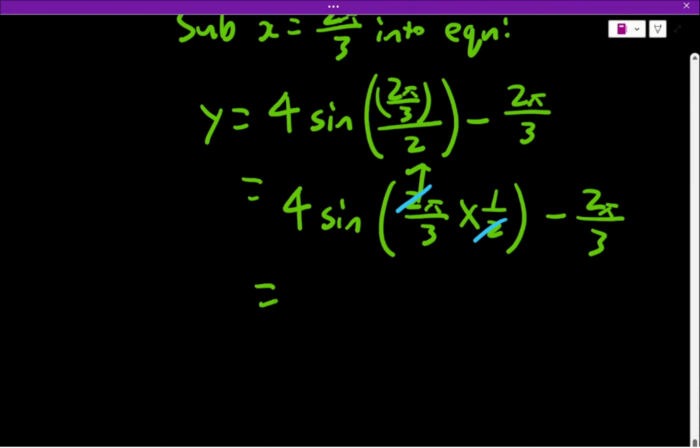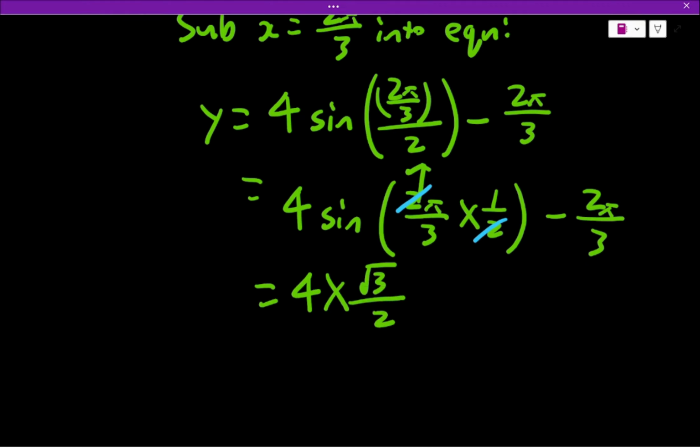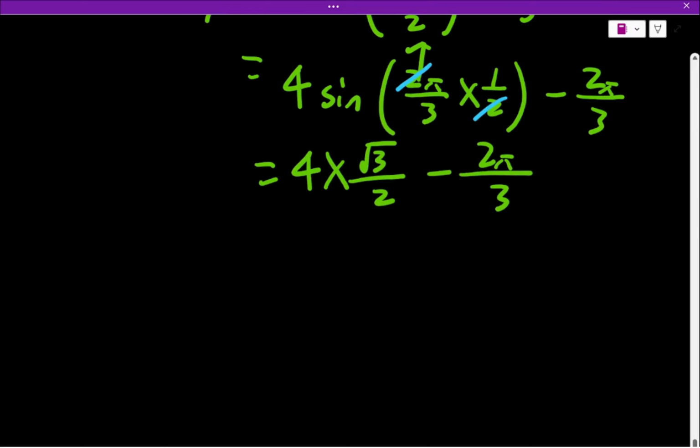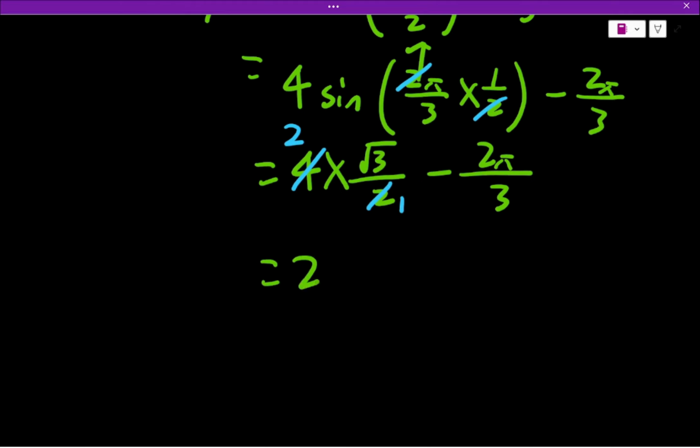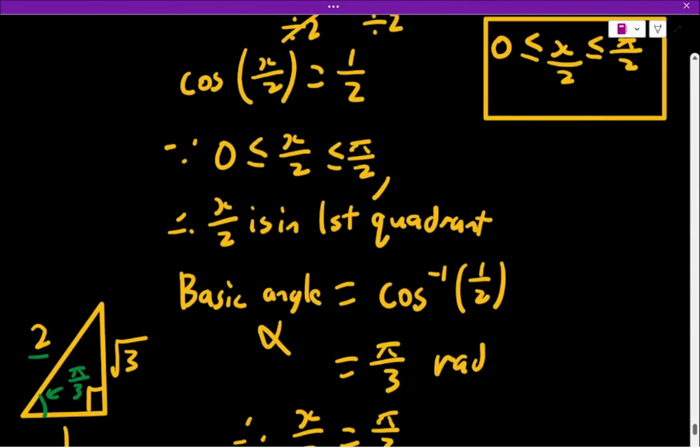So what we get is 4 times root 3 over 2 minus 2 pi over 3. To simplify, this becomes a 2, this becomes a 1, so this becomes 2 root 3 minus 2 pi over 3. This is going to be the y coordinate of point M.